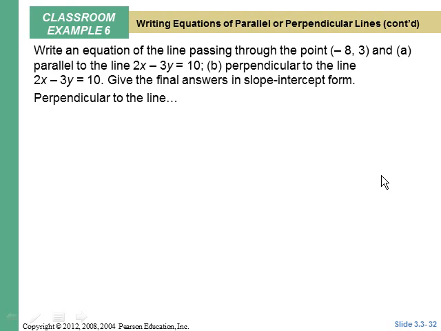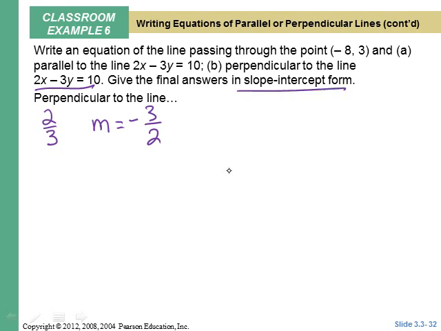All right, now for this one, we want the line perpendicular to it, and it says in the slope-intercept form. So first of all, we have to get perpendicular. Well, the slope of this line is 2/3. So the perpendicular line, the slope will be negative 3/2. Remember, it's the negative reciprocal of the slope.